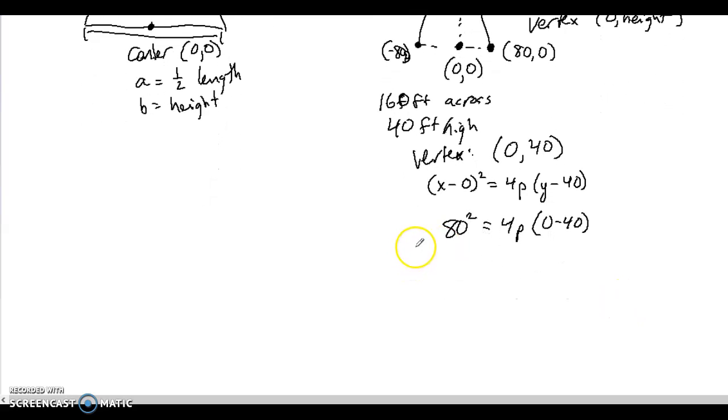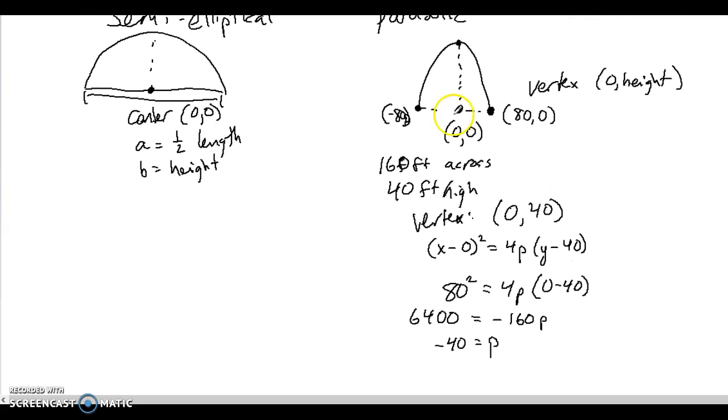And some quick solve. 8 times 8 is 64, a couple zeros. 4 times negative 40 is negative 160. And that will go in negative 40 times P, which also, coincidentally, this did not have to happen, but it tells us that this 0, 0 happens to be the focus of this particular problem.